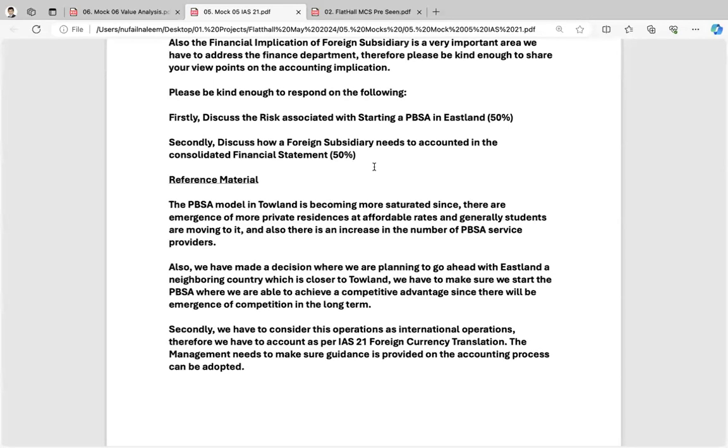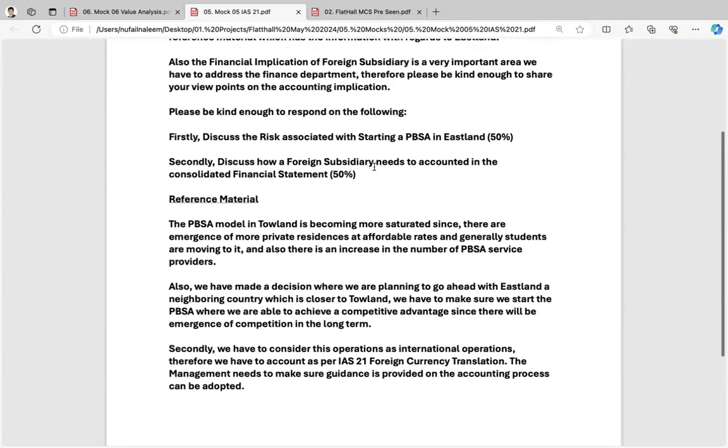We have to make sure we start the PBSA where we are able to achieve a competitive advantage, since there will be an emergence of competition in the long term. Secondly, we have to consider this operation as an international operation. Therefore, we have to account as per IAS 21 foreign currency translation. The management needs guidance on the accounting process that can be adopted.